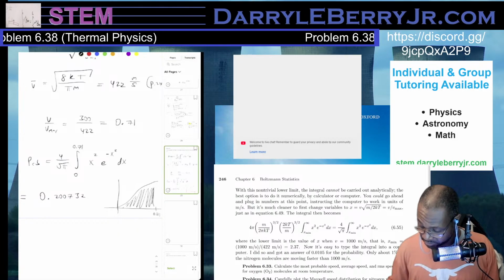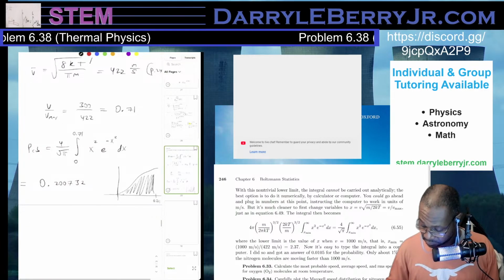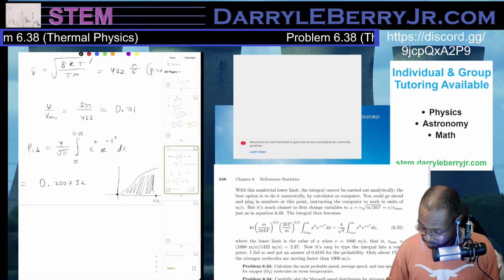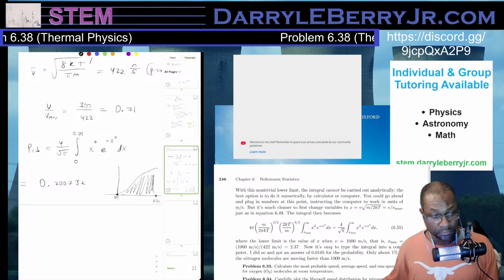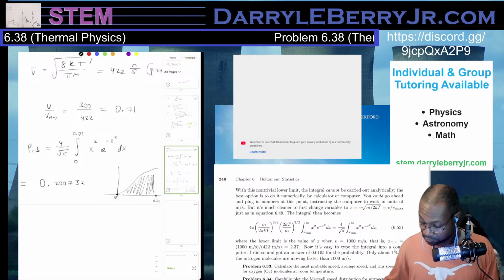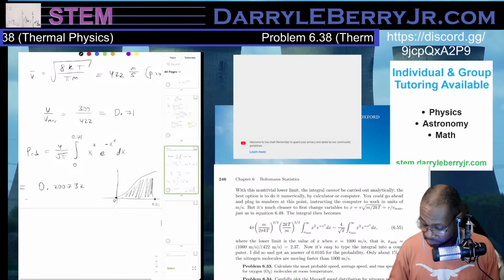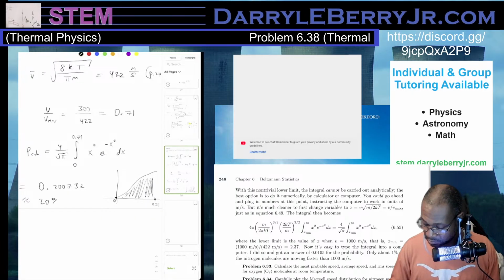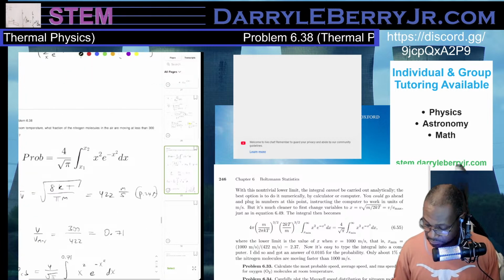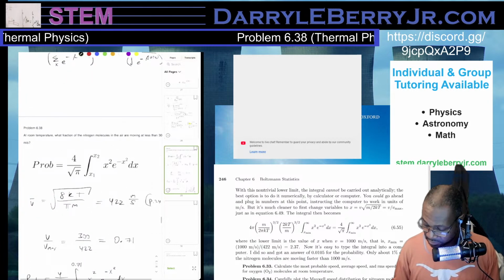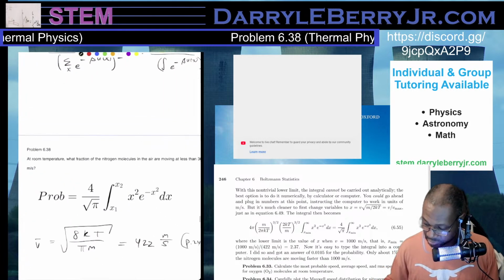This is the area underneath this curve here. So 20%. So 20% of the gas is going less than 300 meters per second.